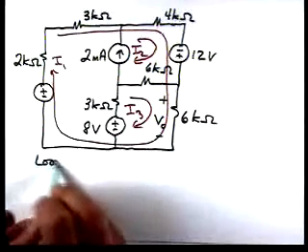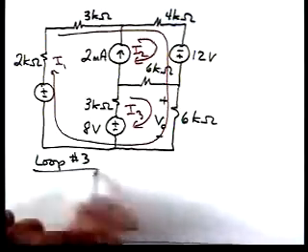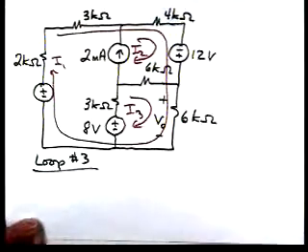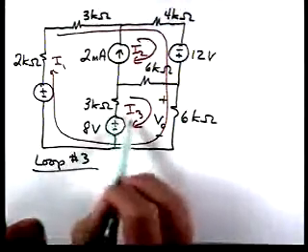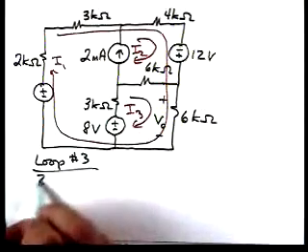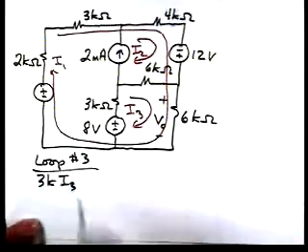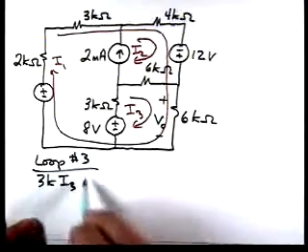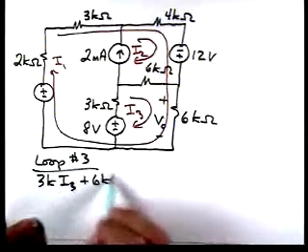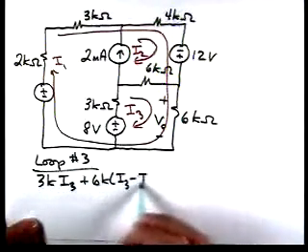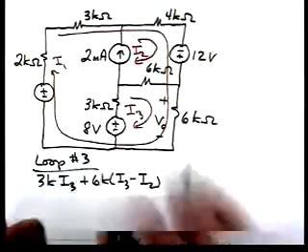Now for loop number 3, okay, for this resistor, we have 3K I3 plus 6K times I3 minus I2. As you go around, that's a drop here.